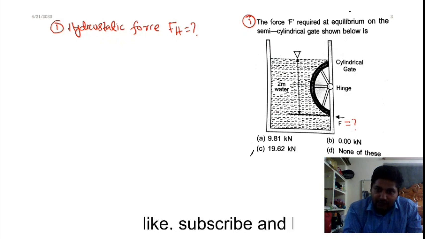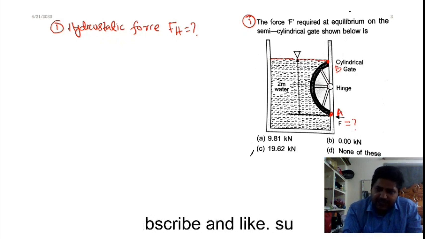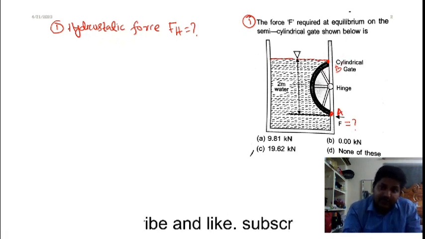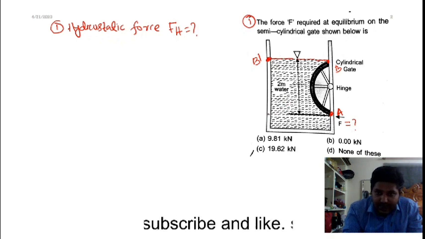on the vertical plane. Suppose this point is called A and this point is called B. I am taking the vertical projection of this on this vertical plane. This is my projection, this will be my B dash, and this is my A dash.